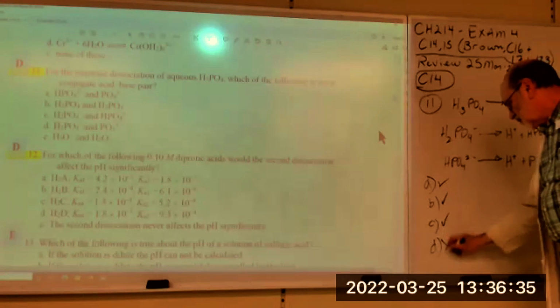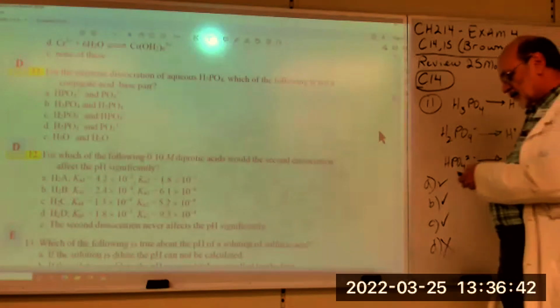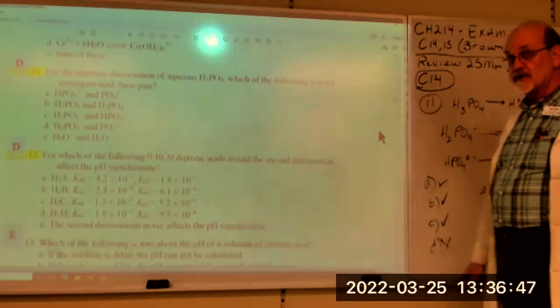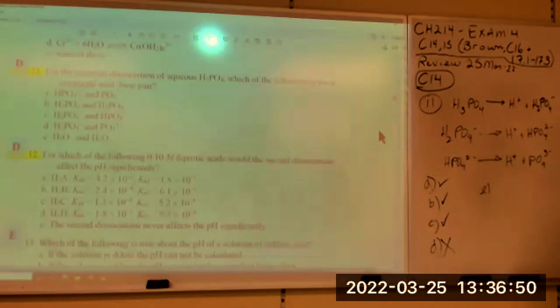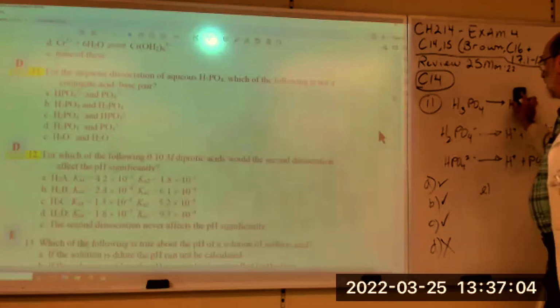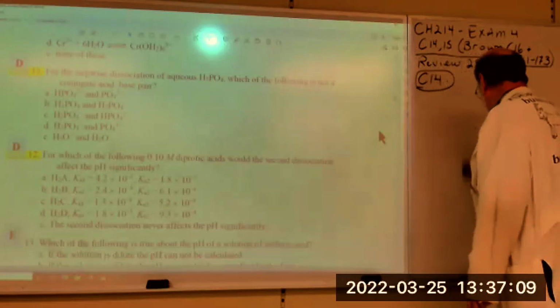Nope. D's wrong. How about E? Why do we throw E in there? Because these two are always in the solution. No matter what else is in there, they're always there. So H3O plus and H2O are present as conjugate acid-base pairs in that solution. Okay, so D's the answer for number 11.